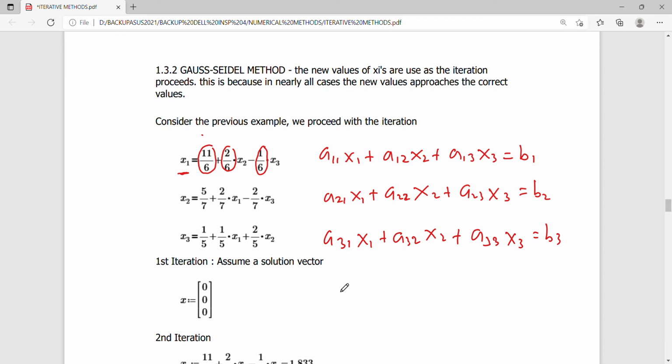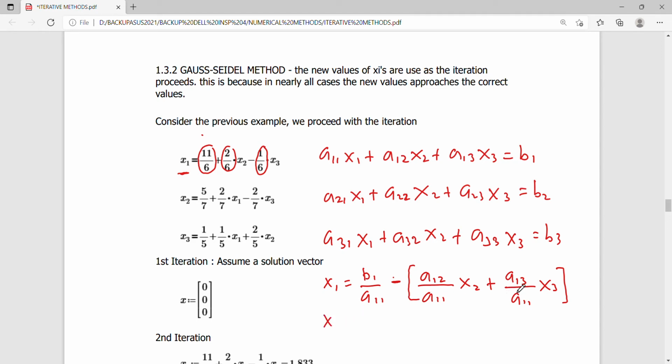Such that the value for the solution vector will now be a fixed point iterate of x1 equivalent to b1 over a11 minus the summation of the two expressions here, which is simply a12 over a11 x2 plus a13 over a11 x3.